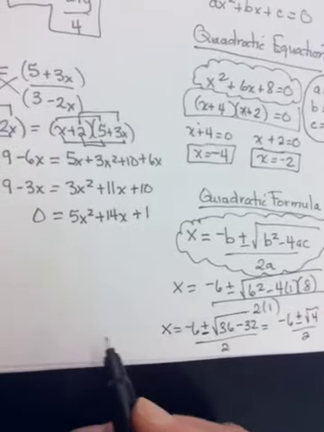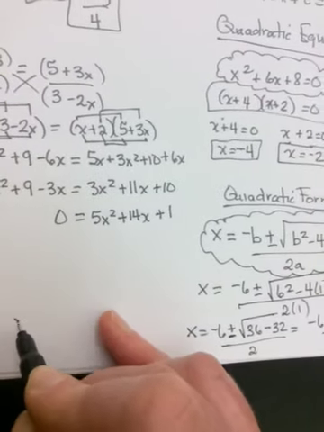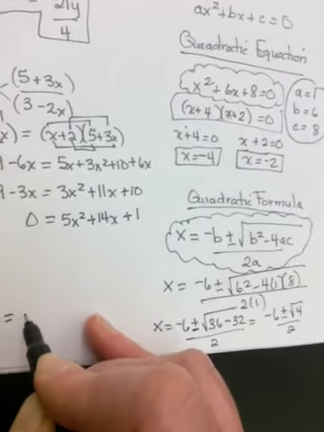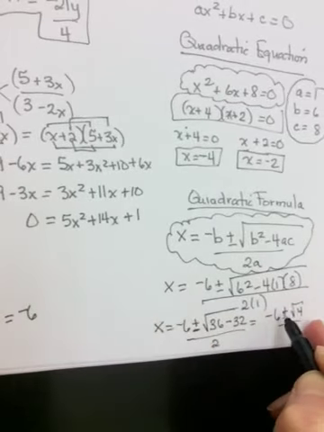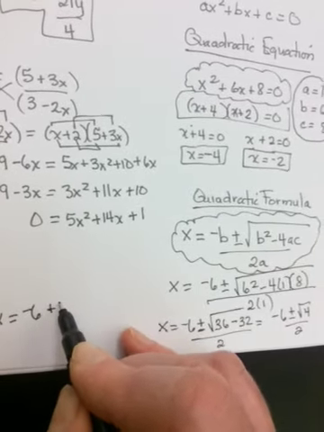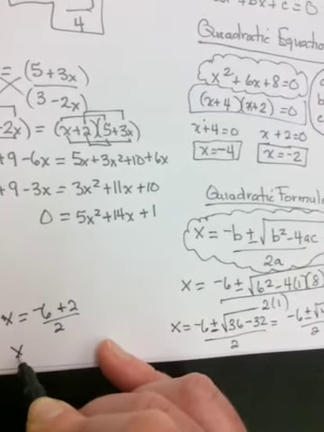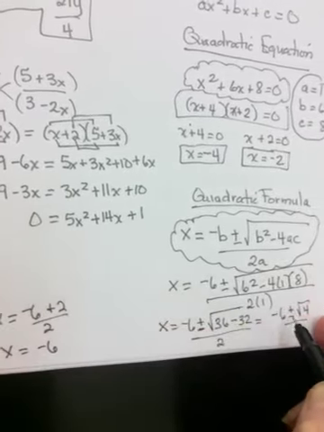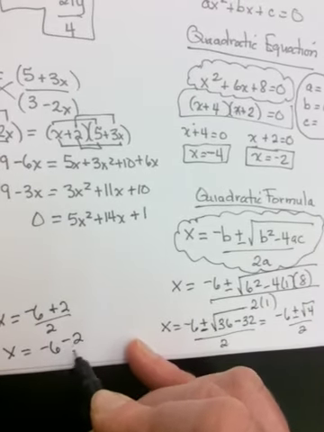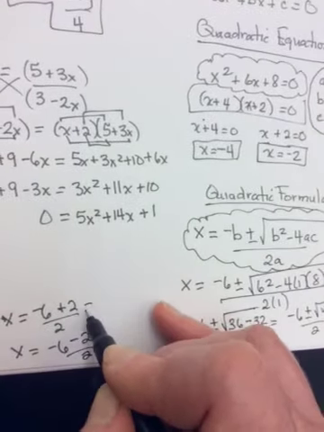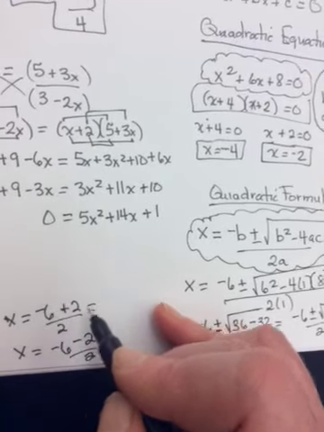So we get, I'm just going to go over here, one of our answers then is x equals negative 6 plus 2, because the square root of 4 is 2, over 2. And our other answer is x equals negative 6 minus 2 over 2. So what is negative 6 plus 2?